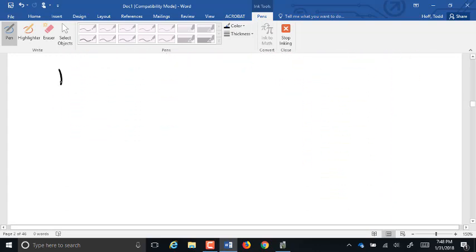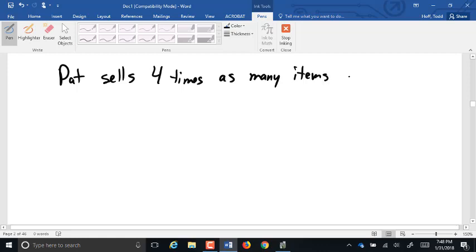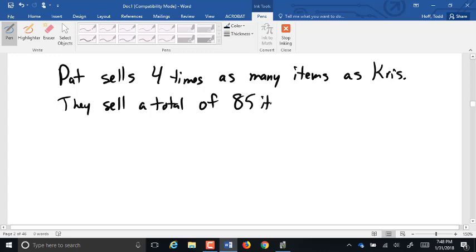So Pat sells 4 times as many items as Chris. They sell a total of 85 items.